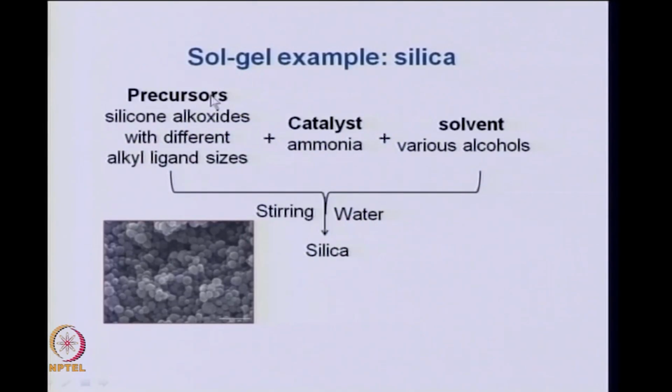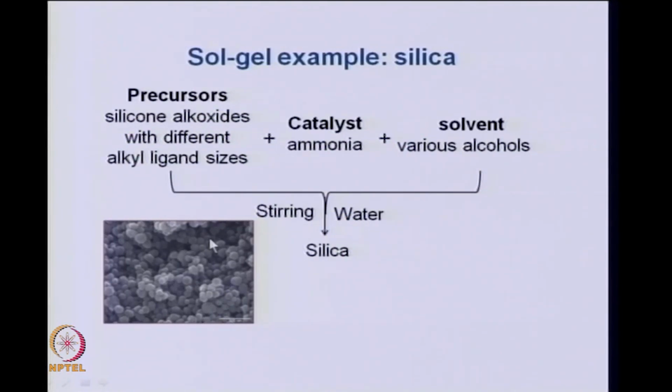So, again starting from silicon alkoxide with different alkoxy groups, you can vary them, you can take ethoxy group, propoxy group, butoxy groups, and once you react these alkoxides of silicon with ammonia and in some alcohol, and then you hydrolyze it, you add water under constant stirring, you can get very nice spheres of silica which are of the order of few nanometers, say 10-20 nanometers.